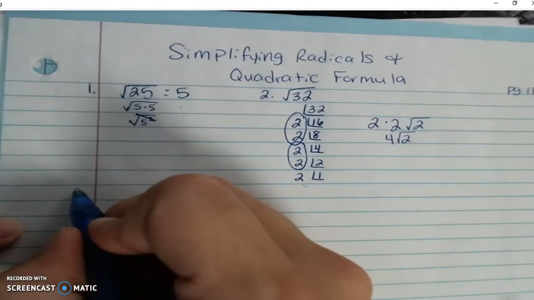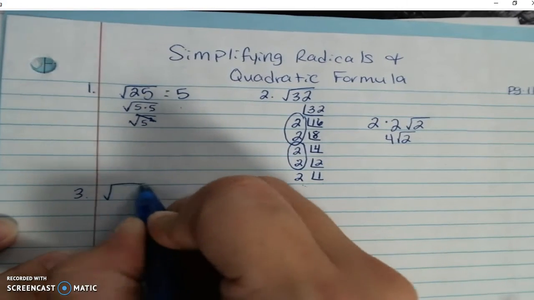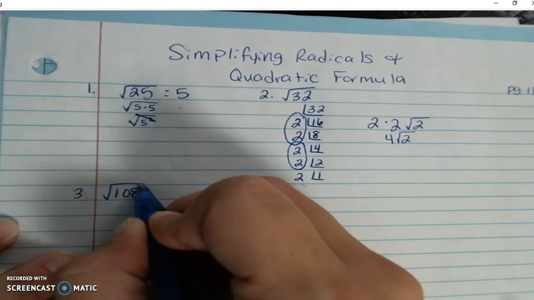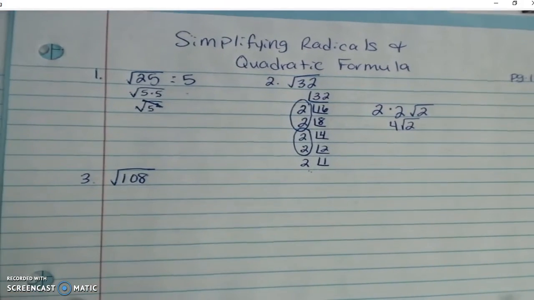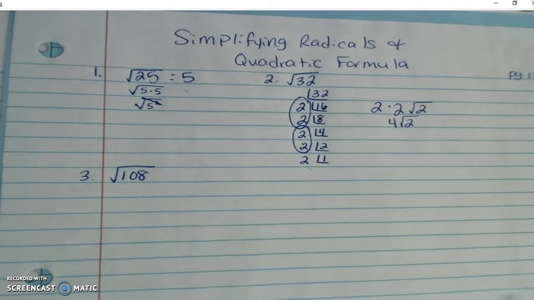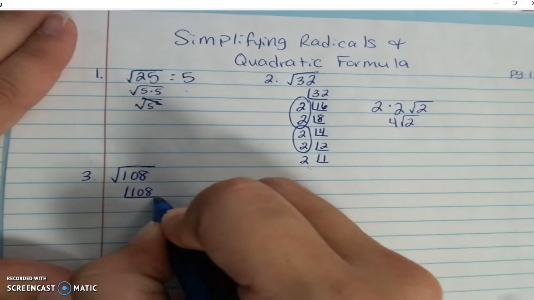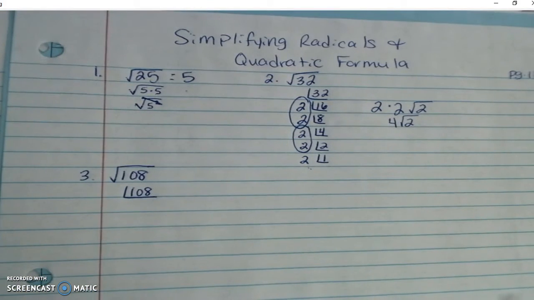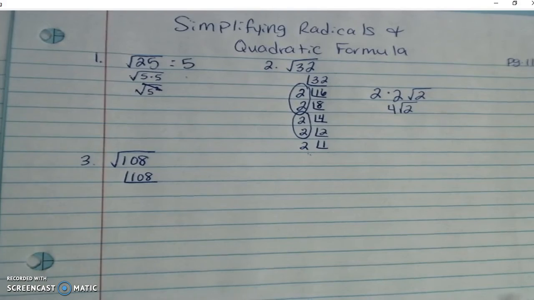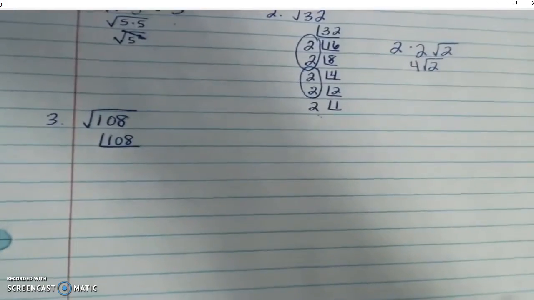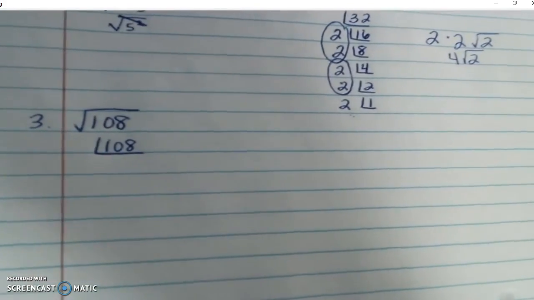Alright, let's do another one. Let's say we want to simplify the square root of 108. Okay, so we put 108 in a little bracket. And we start dividing.